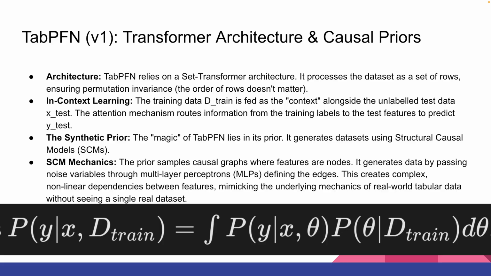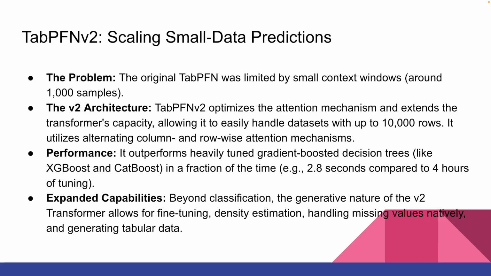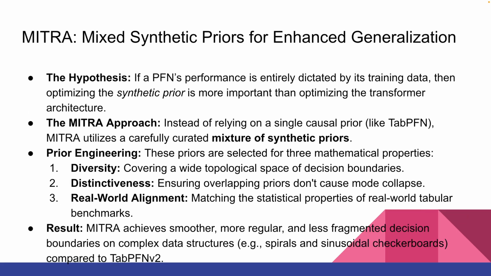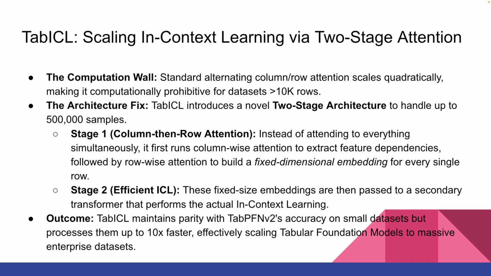After that you have rows. But basically, instead of optimizing the transformer, you try to optimize the synthetic prior. So it's novel in its data generation.